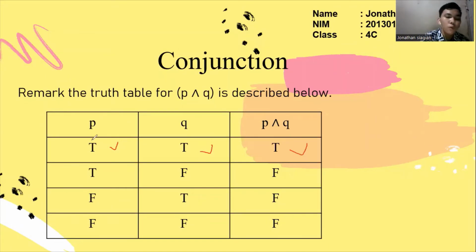If P is true and Q is false, the conjunction is false. Vice versa, if P is false and Q is true, the conjunction is false. If P is false and Q is false, the conjunction is false.